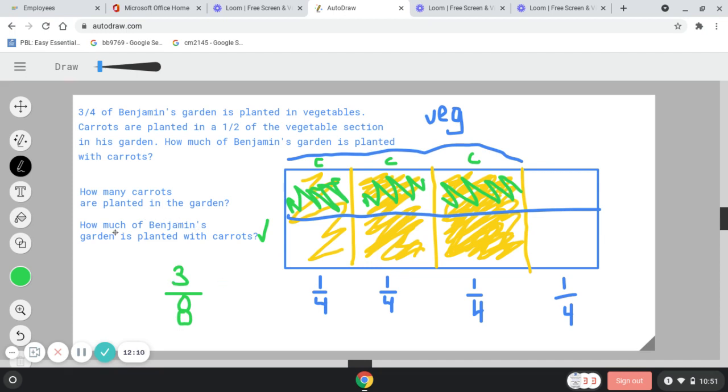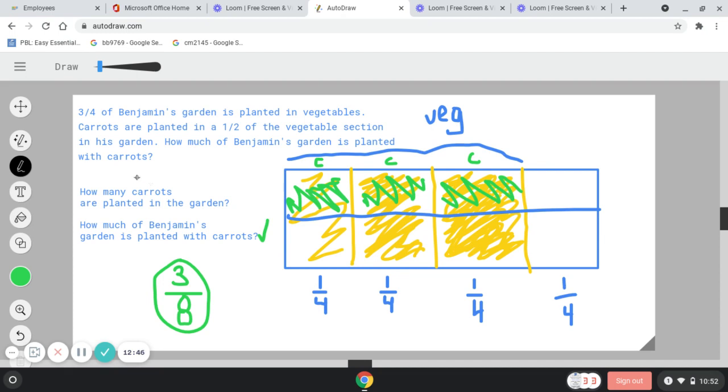So how much of Benjamin's garden is planted with carrots? 3/8 of his garden is planted with carrots. Our first question, how many carrots are planted in the garden? That's kind of hard to answer at this point because we don't know how many vegetables were in the actual garden. We only know the fractional parts of the garden that had vegetables, but we don't know the exact quantity of each vegetable in each section.